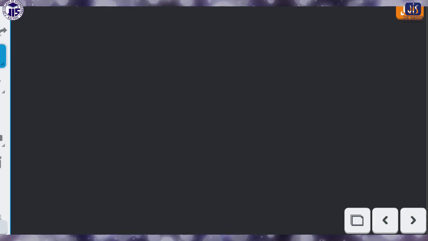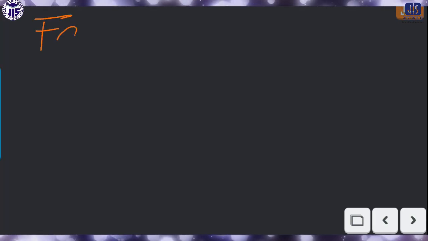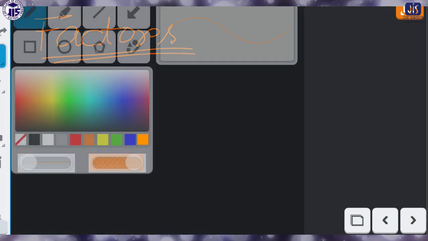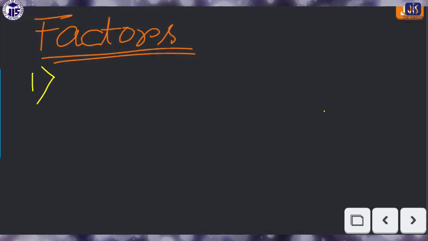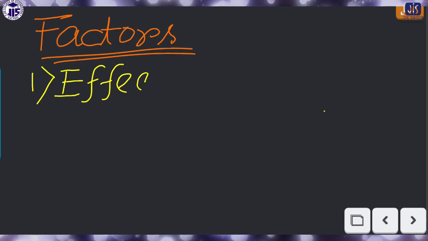If we consider the first factor, it will be effective nuclear charge. I already discussed with you what the effective nuclear charge, or Z star, is. So effective nuclear charge is the first factor.